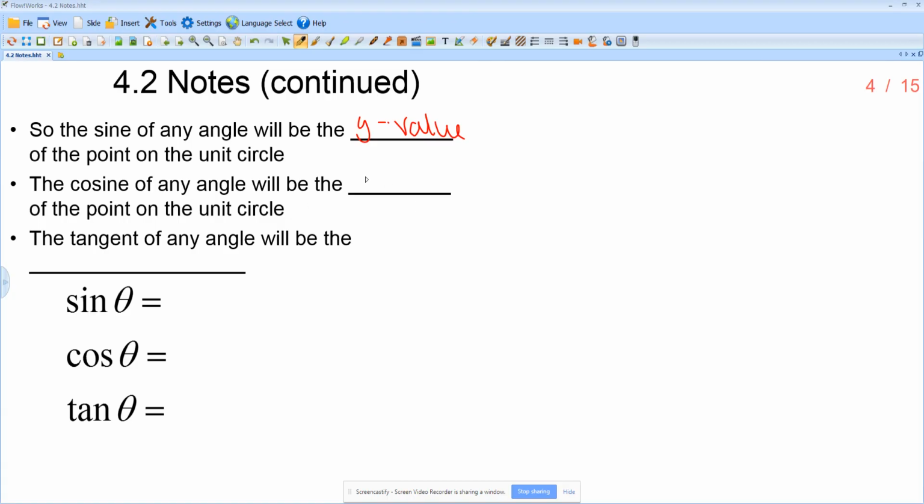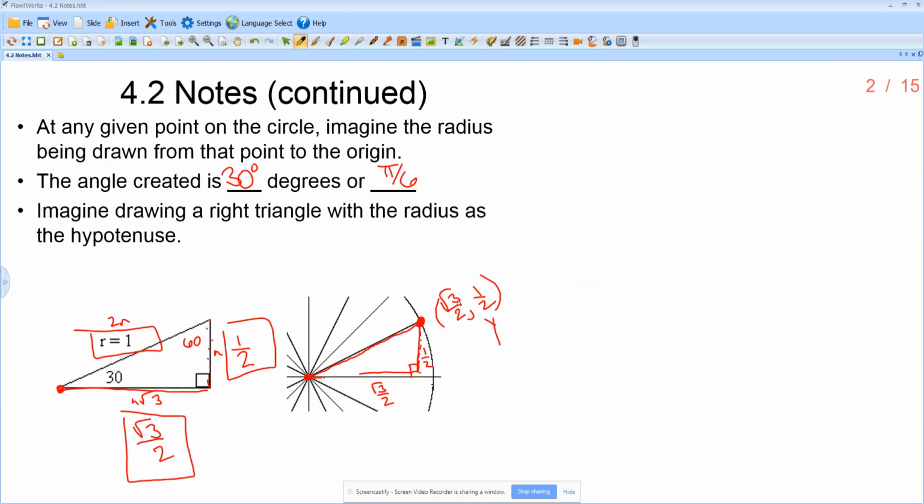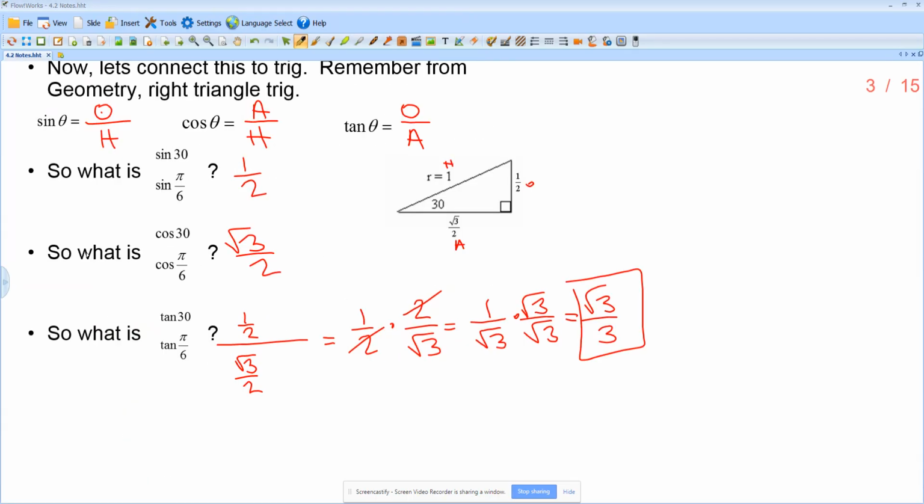Cosine is going to be the x value of any point on the circle. So again, going back, our cosine or our x value here was root 3 over 2. And when we looked at that right triangle, we said, well, our cosine would be root 3 over 2.